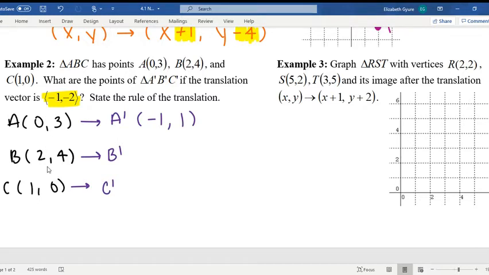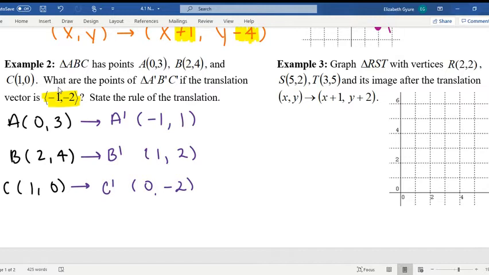All right, B prime. What's 2 minus 1? 1. What's 4 minus 2? 2. So B prime is 1, 2. And then C prime, what's 1 minus 1? 0. And then what's 0 minus 2? -2. Okay with that? We see how we can do it without a picture?